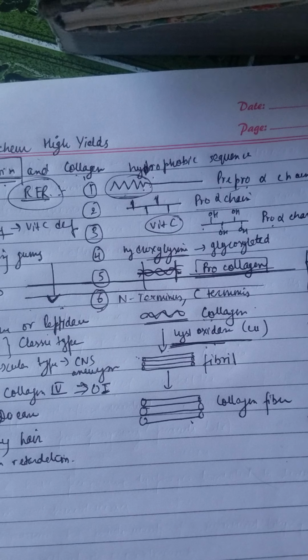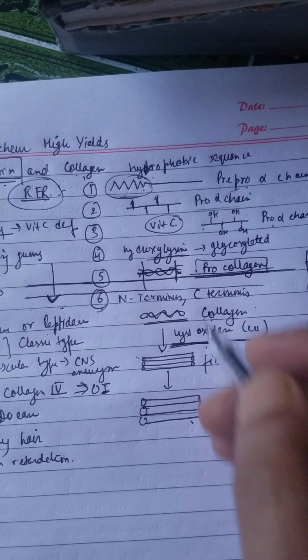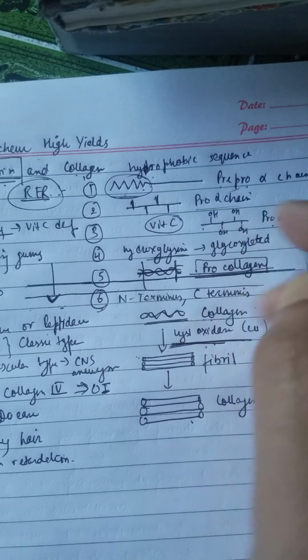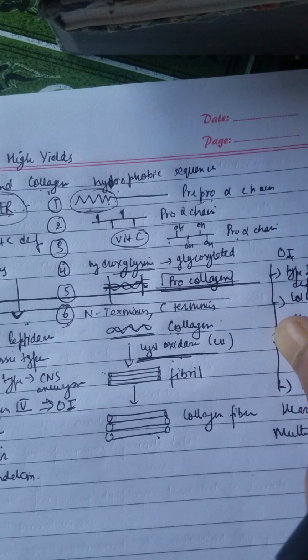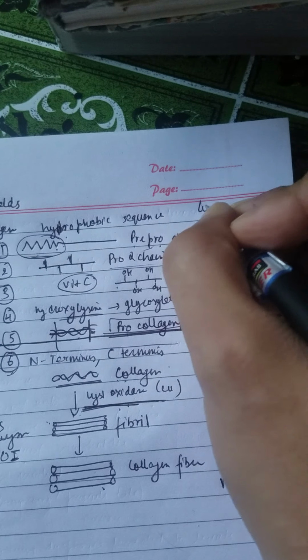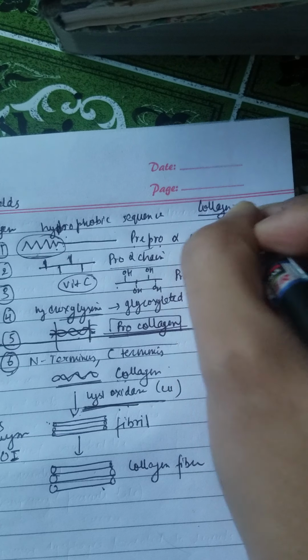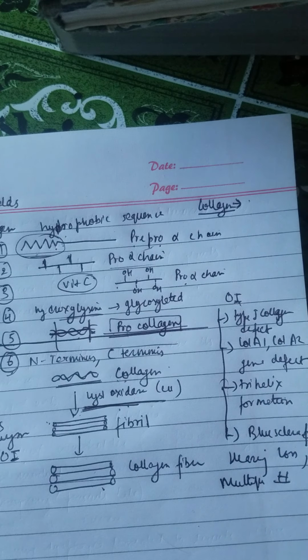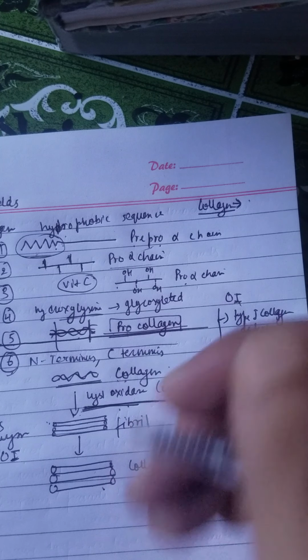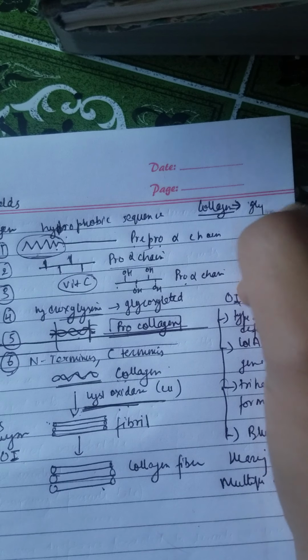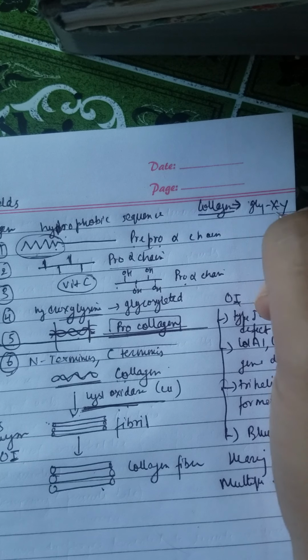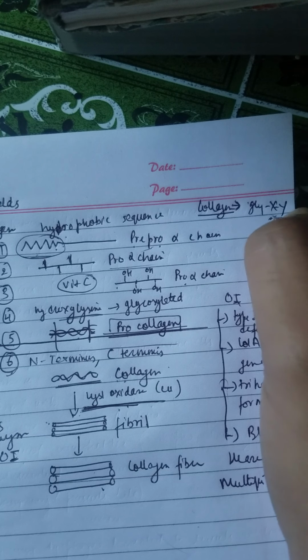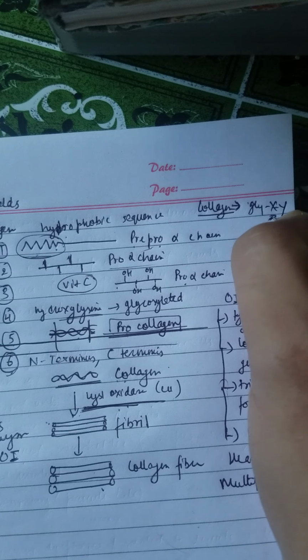Let us understand that for the formation of the triple helix, the collagen molecule always has a tripeptide structure of glycine, X and Y, where X and Y may be any kind of amino acid residues.